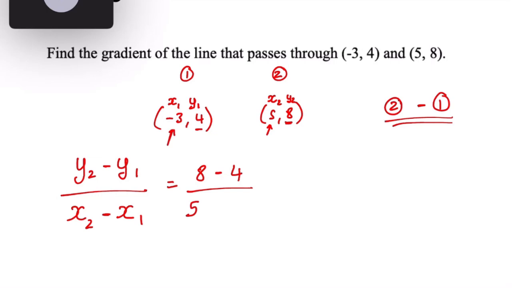Now x1 is a negative number. The negative is going to stay there anyway, no matter if the number is negative in the coordinates. And we're going to subtract this coordinate, which is negative 3. So we're going to subtract negative 3.